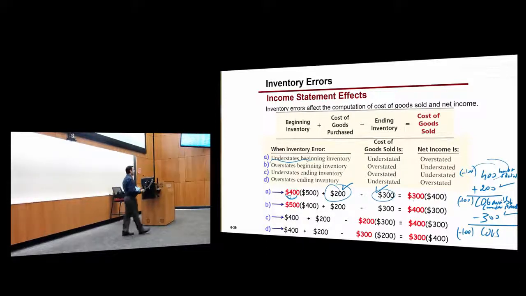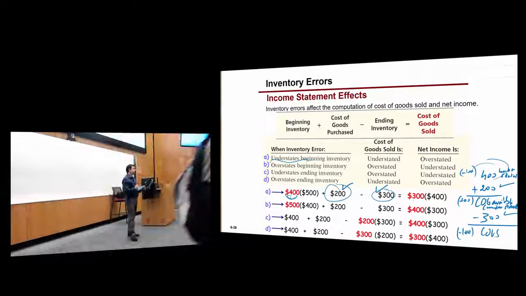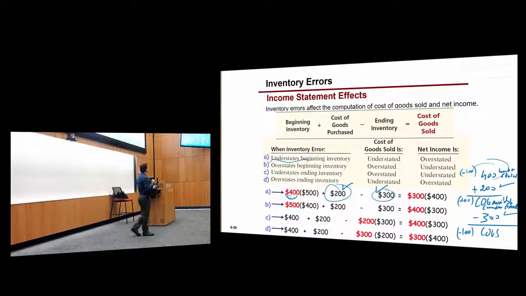The fewer expenses you have, the higher your net income. It makes sense. So if the cost of goods sold was understated, your expenses were understated, your net income will be overstated. When the beginning inventory is overstated, that's the opposite. Your cost of goods sold will also be overstated, which means your expenses are overstated, so your net income will be understated.